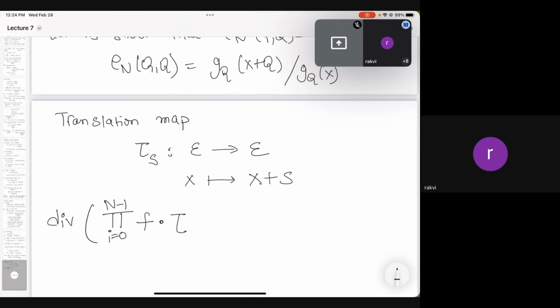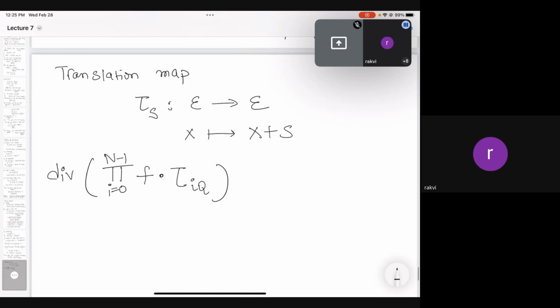And what am I translating by? I'm translating it by i times Q. Let's look at the divisor of this. Just to recall how F was chosen: F precisely satisfies that the divisor of F is n times Q minus n times the identity point.